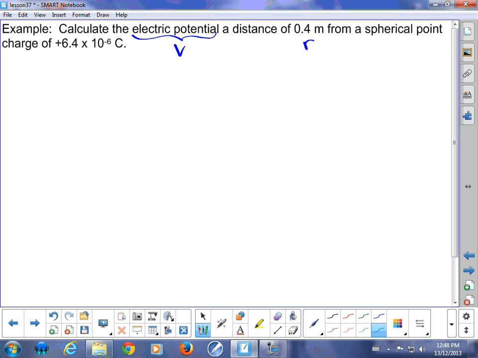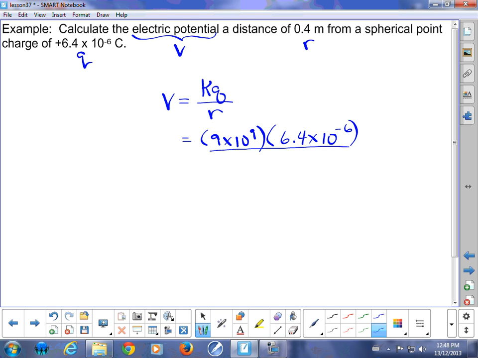So there's my R. From a spherical charge, so I'm not going to use the word obvious, but because it's a charge, we're talking about our Q. So the information we are given: we want to find V, and we're given Q and R. We are looking for voltage, the electric potential, and the formula associated with that is KQ divided by R. So K, 9 times 10 to the 9th, the charge, 6.4 times 10 to the negative 6, all divided by 0.4 meters.